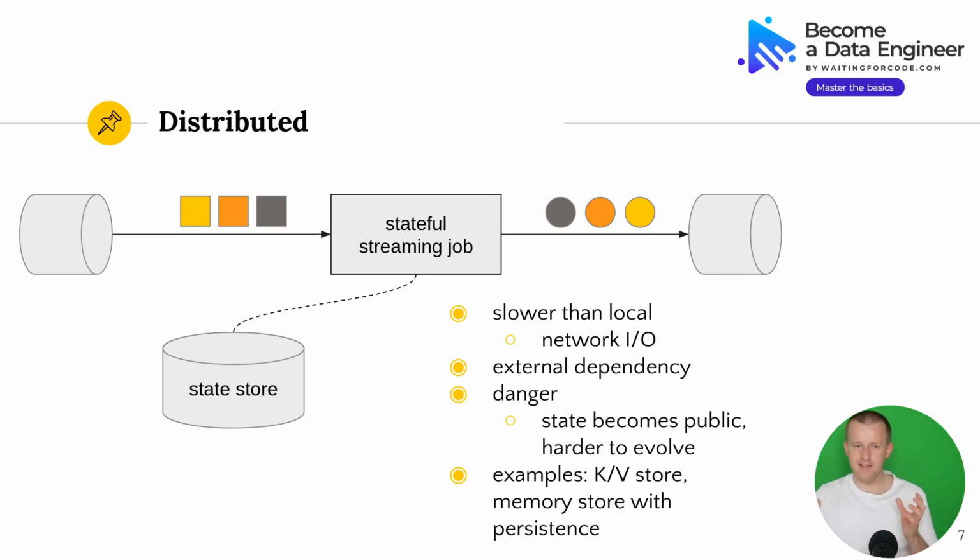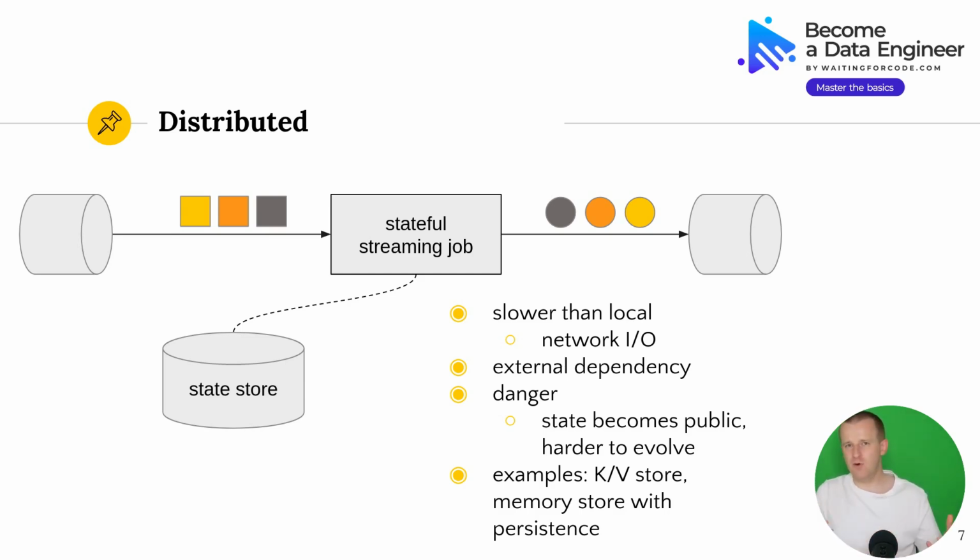And the nice thing is that it's a database, so you can allow other applications and other users to query the state store. But it also has a darker side: when you make your state store public, you will need to deal with everything related to schema evolution and stuff like that, so that other consumers can follow.